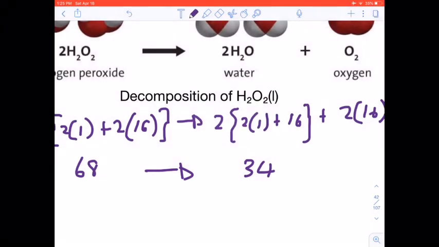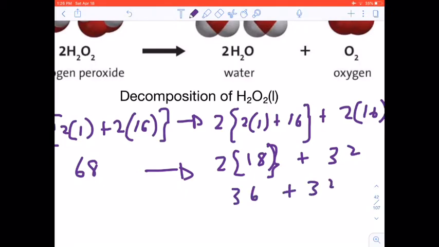Which gives us 2 times 18 plus 32, which is then 36 plus 32, which then gives us 68. So the total mass before is equal to the total mass after the reaction.